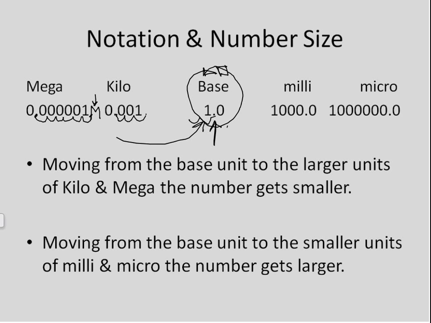Going the other direction, where we are referencing a system based on 1/1000th, the number 1 is 1,000 millis. So we're moving that decimal point from here over 3 places.